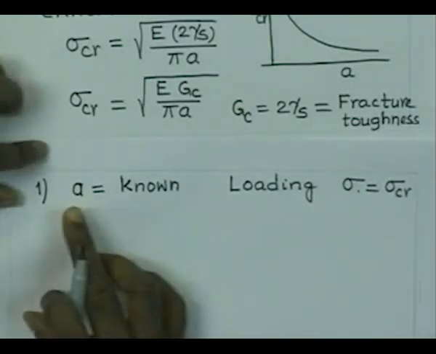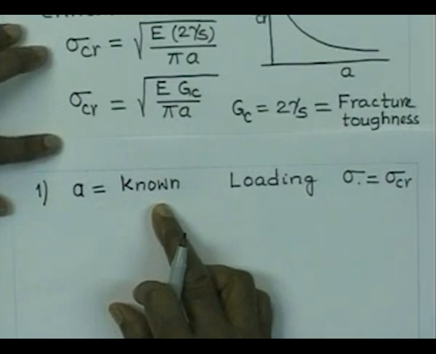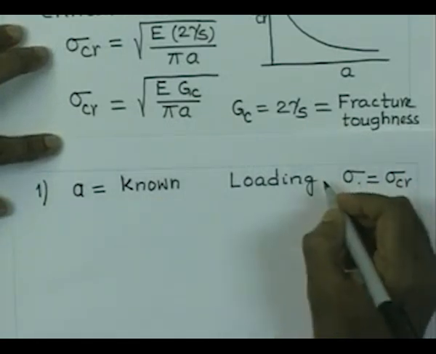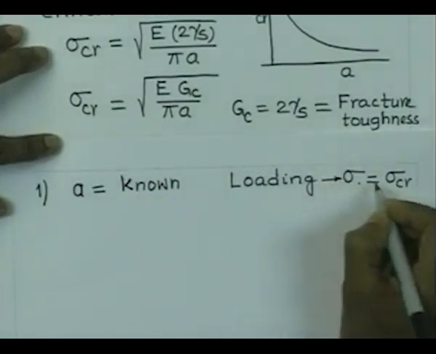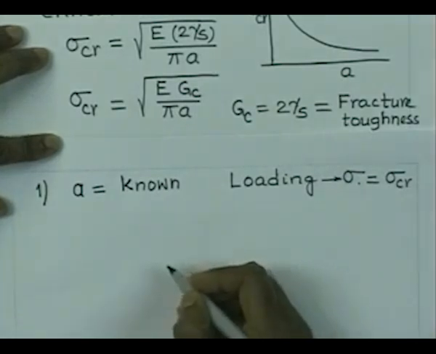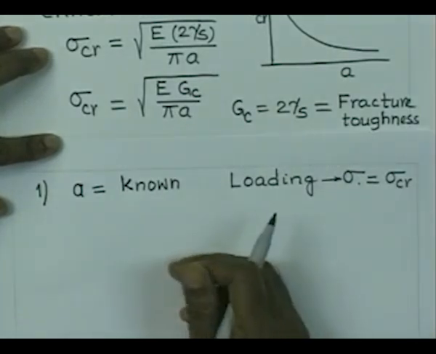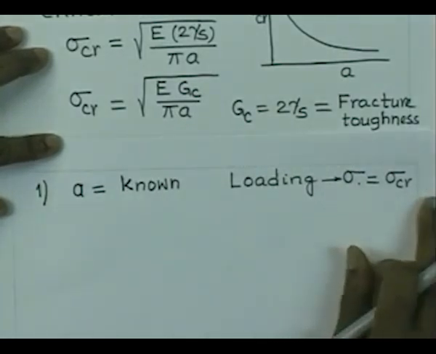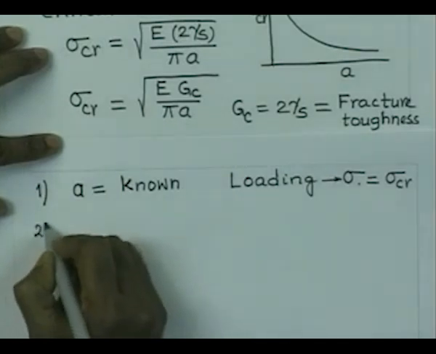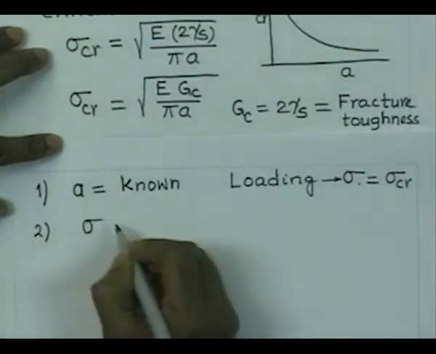Let me put it this way, that if we know the crack dimension in the component, then it is possible to calculate the loading which will trigger the crack extension, and therefore, one can ensure safety by keeping the load level below this level.